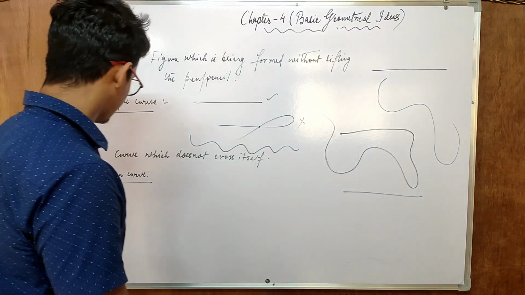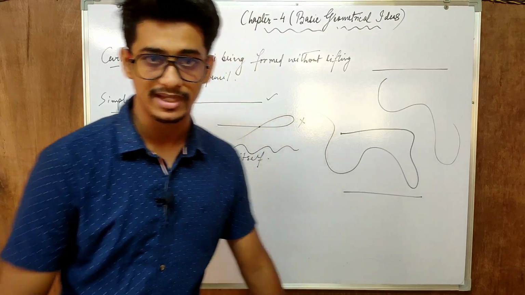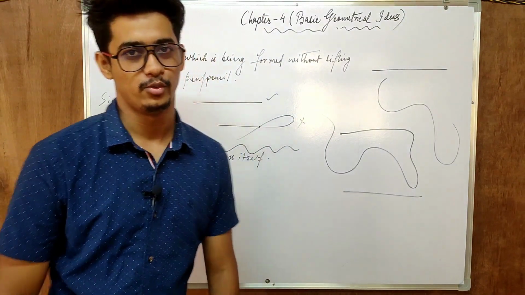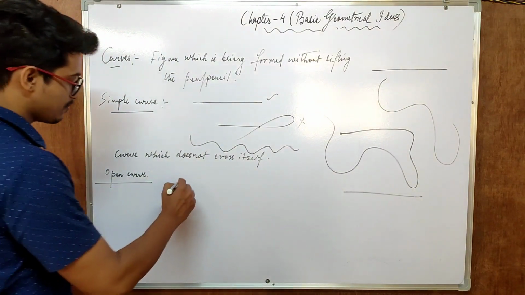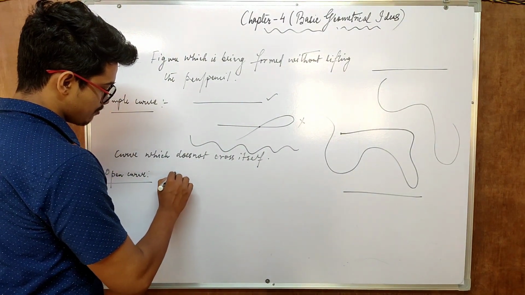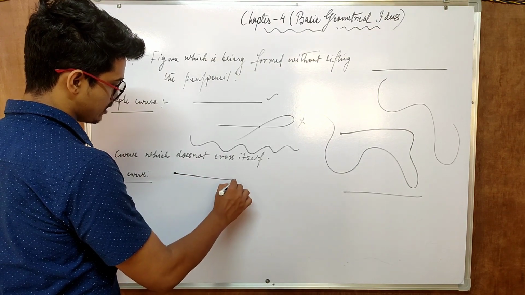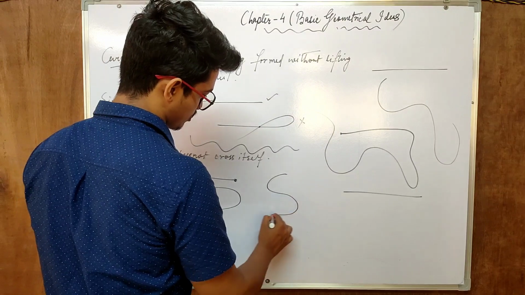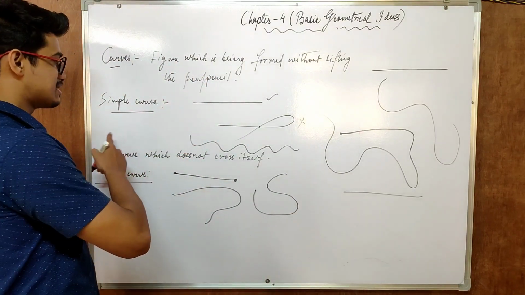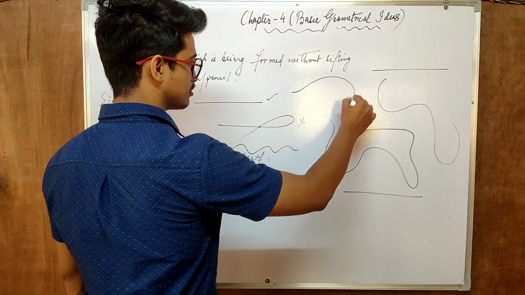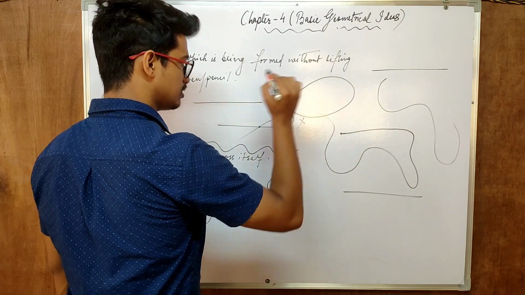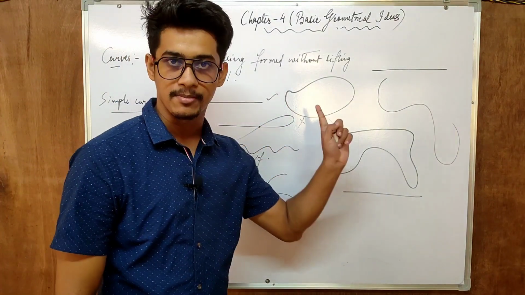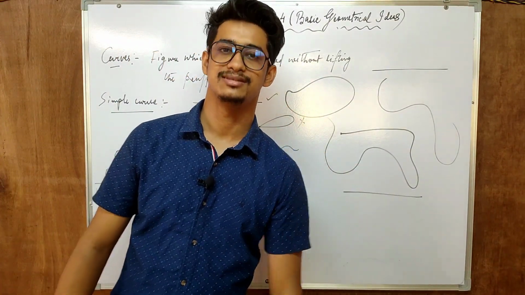One more thing: there is a confusion, that simple curve and open curve are both the same? No. Why? Because open curve means the starting point and the ending point are different, like this one or this one. But this is also a simple curve, because the starting point and the ending point are the same, but it doesn't cross itself.